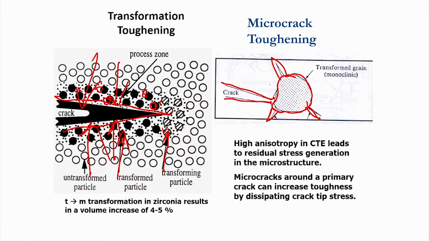By causing microcracks and allowing them to grow in the microstructure, the driving force for the propagation of the primary crack tip is certainly reduced.